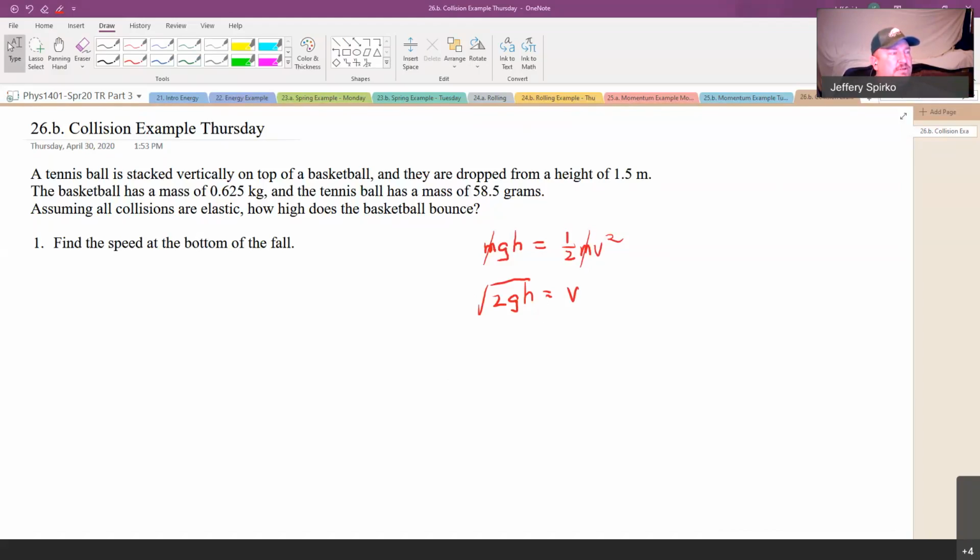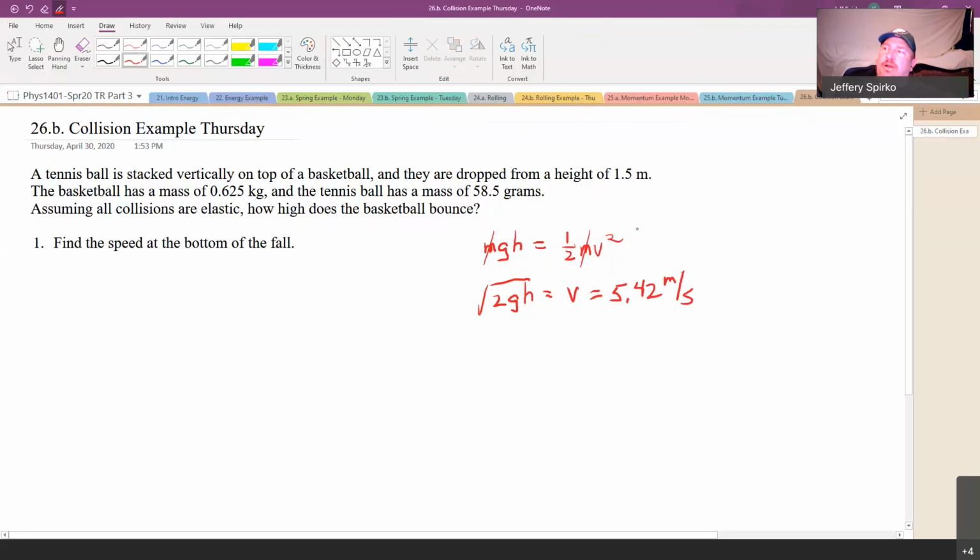So where's my little scratch spreadsheet? So h is 1.5 and v of drop is the square root of 2 times g, which is 9.8, times h, and that gives me a 5.42 meter per second result.